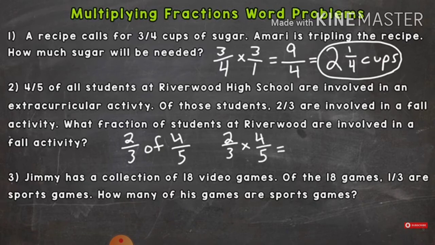Now I can multiply straight across. 2 times 4 is 8. 3 times 5 is 15. That fraction's in simplest form, so now we need to put a label. And our question was, what fraction of students at Riverwood are involved in a fall activity?